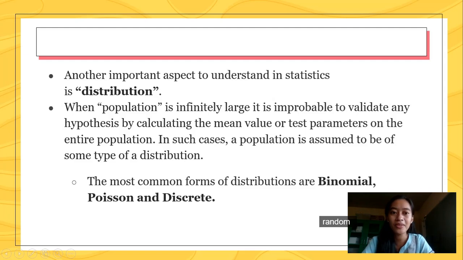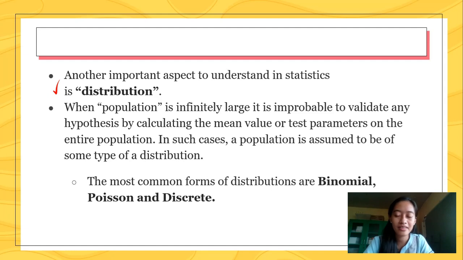Okay, so another important aspect to understand is this term distribution. The distribution of data. When the population is infinitely large, it is improbable to validate any hypothesis by calculating the mean value or test parameters on the entire population. We're not able to do that, or can we?